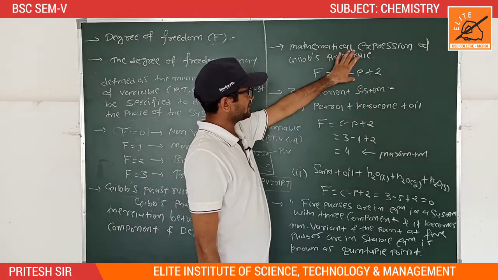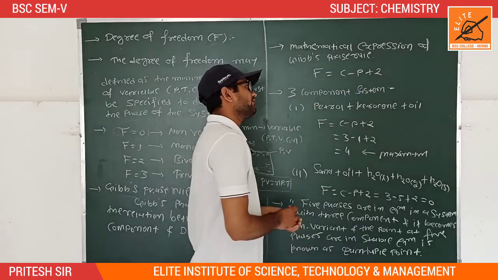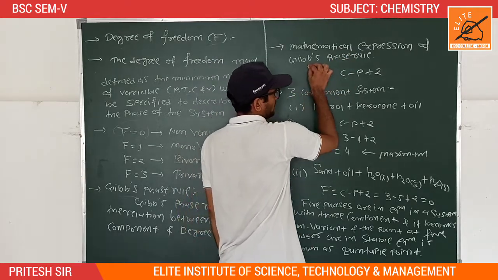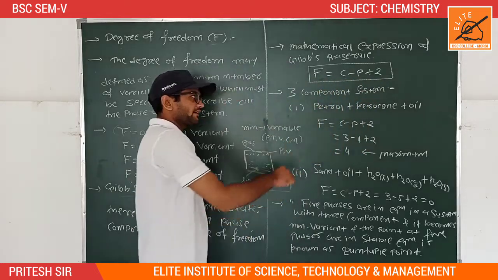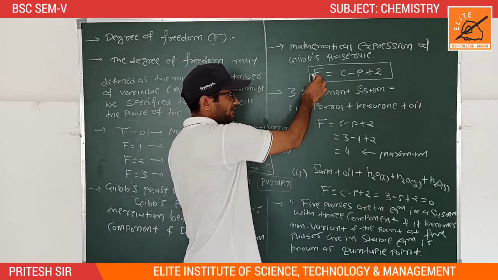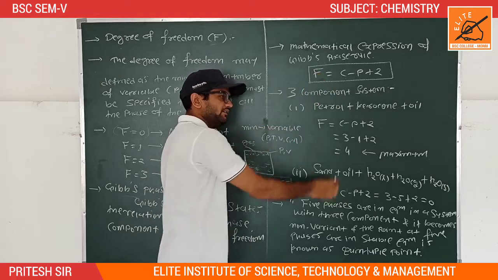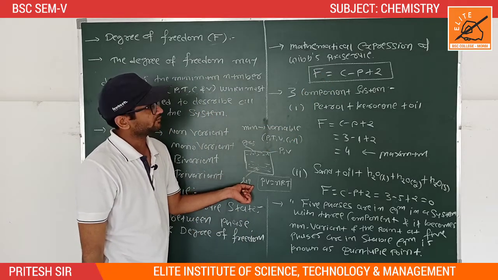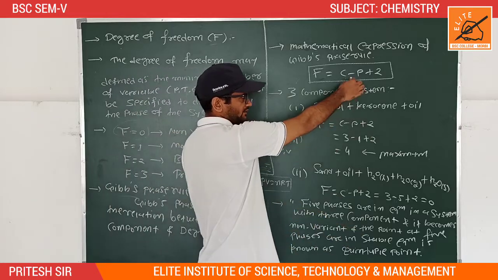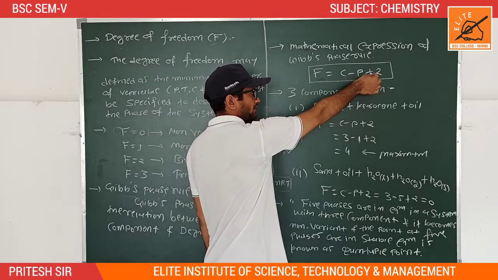The mathematical expression of the Gibbs phase rule is F is equal to C minus P plus 2. Here F indicates degree of freedom, which means how many minimum variables are required to define the system. C means components, P means phases, plus 2.